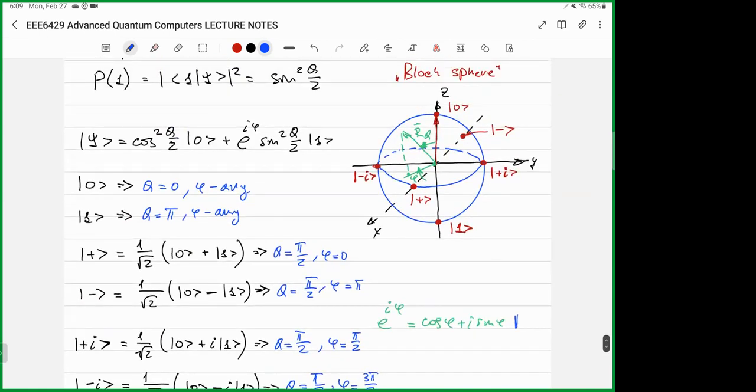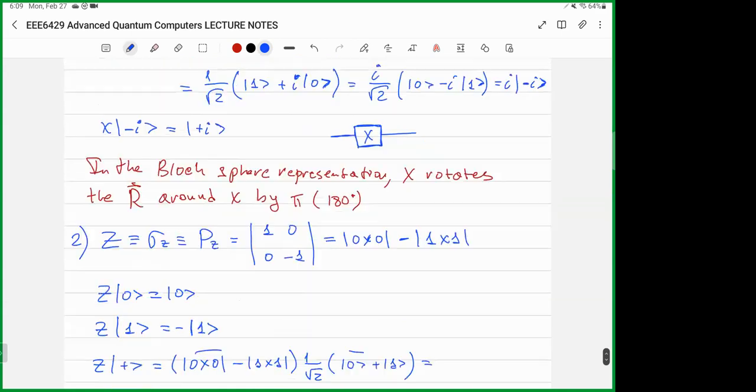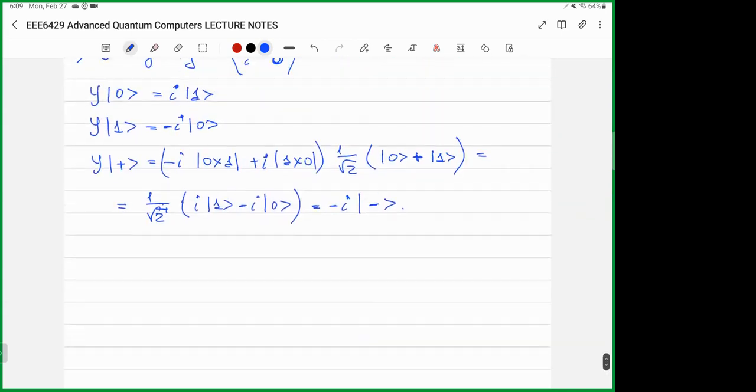So this is the Y gate, so it rotates the state vector around axis Y, and as a result of this rotation states 0 and 1 flip, plus and minus flip, but the states plus I and minus I don't change.